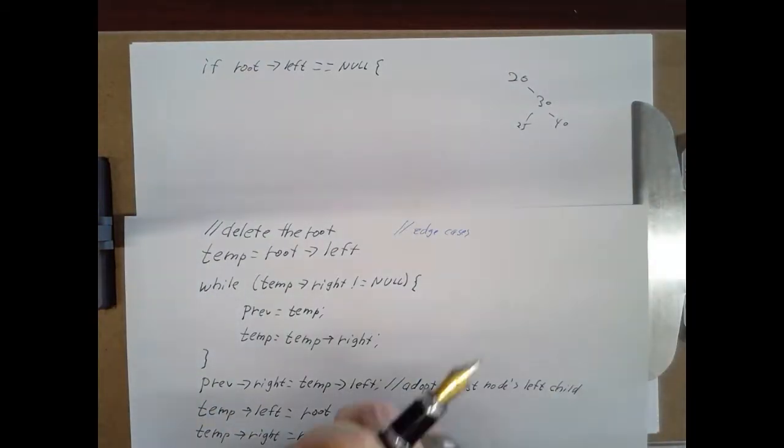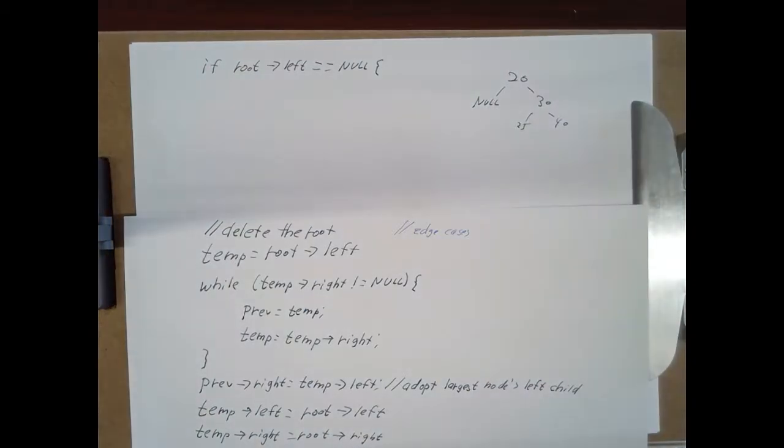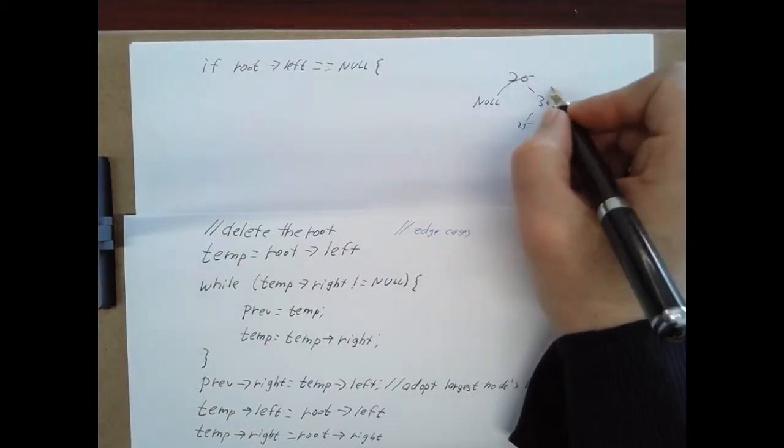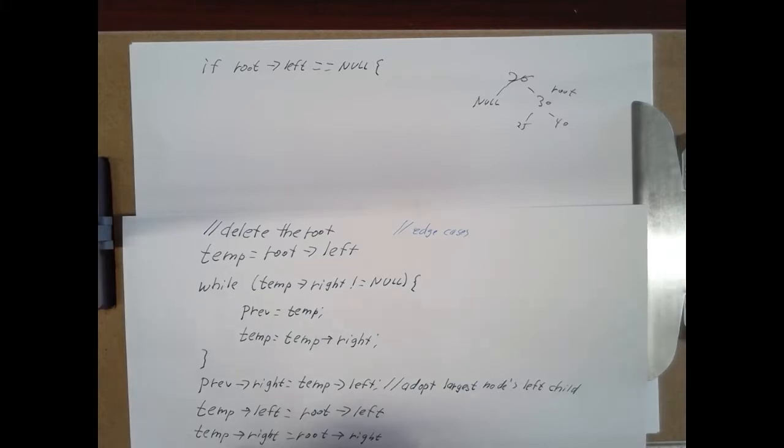And there's nothing over here, so we can't find the largest thing in the left subtree because there is no left subtree. So the algorithm for deleting there is simply change the root to be whatever the right child of the root is.